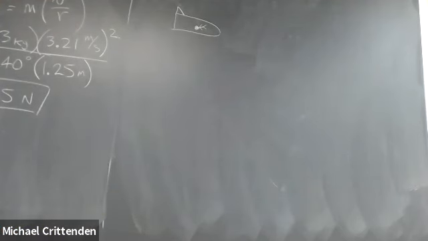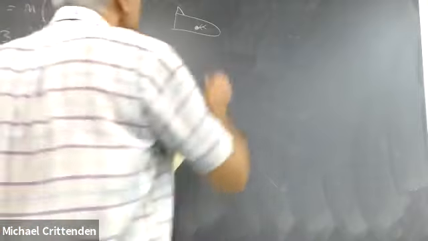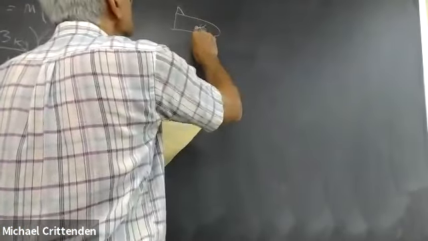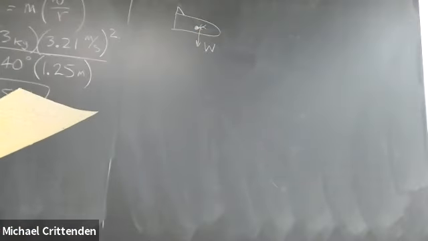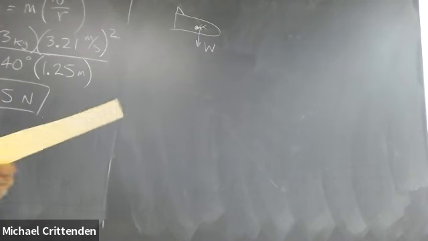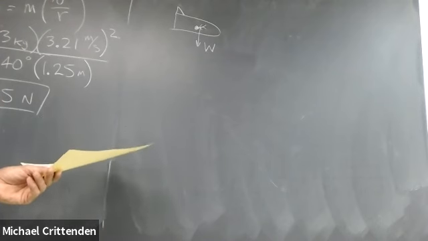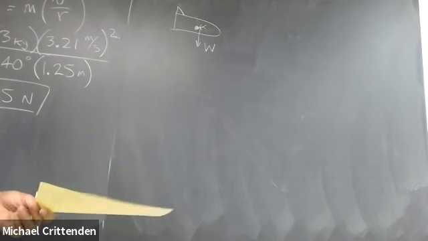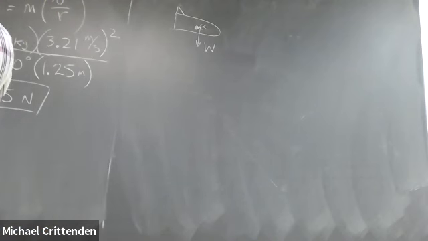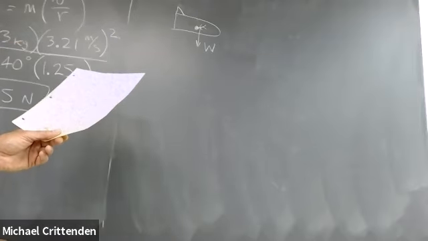There's the astronaut floating around inside the spacecraft. There is the only force pulling on the astronaut's weight. That's what the question asked for. Remember the question? That was like 10 minutes ago. The question was, find the force of gravity on this astronaut.